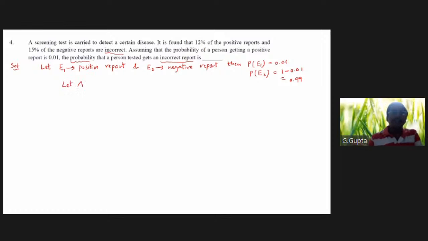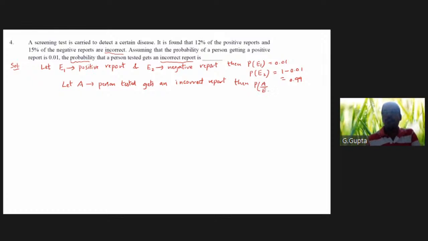Let A denote the arbitrary event: incorrect report. That is, the person tested gets an incorrect report. That incorrect report of that person may be from a positive report or a negative report. Then P of A given E1.